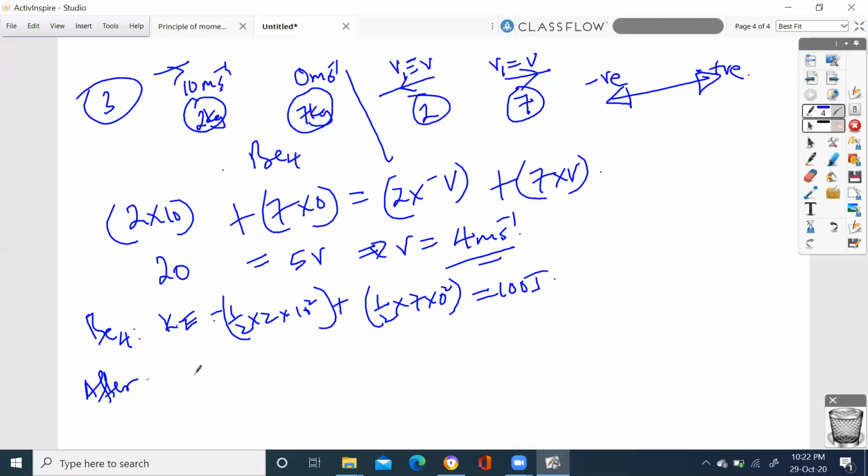Then after collision, kinetic energy, what should I write here? One thing you need to remember is that kinetic energy is a scalar quantity, while momentum is a vector quantity.